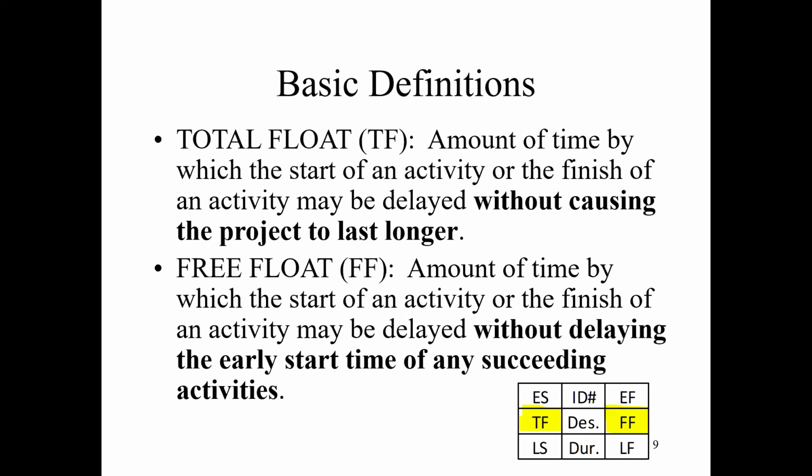Does that make sense? We will be using this later. Let me emphasize here again. TF is without impacting the project. FF is without impacting the earliest start time of your next activities. So remember those definitions; they are very helpful when you're doing the calculations, okay?